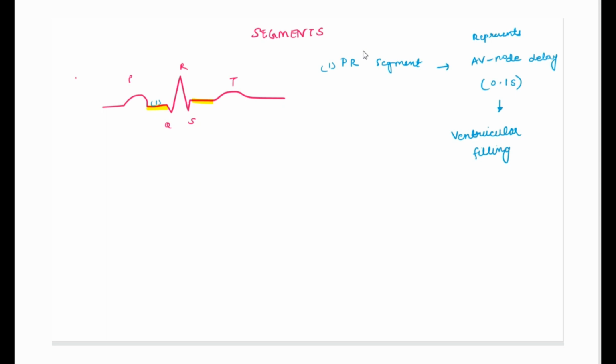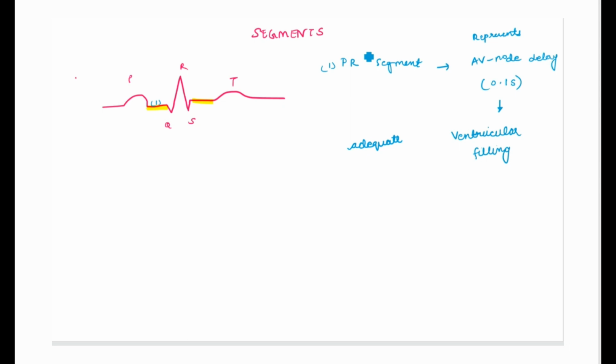Only if the ventricles are filled can they pump blood into the aorta, so that it can go on for systemic circulation and reach all parts of the body. So there is a functional significance of this AV nodal delay or the PR segment.